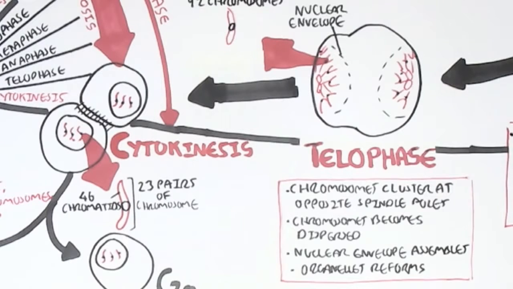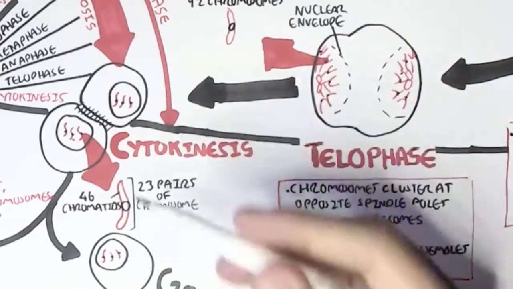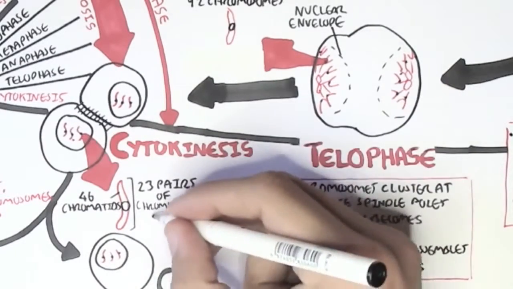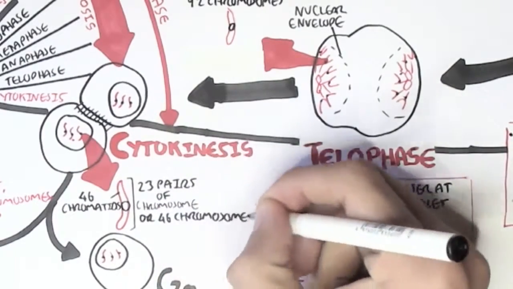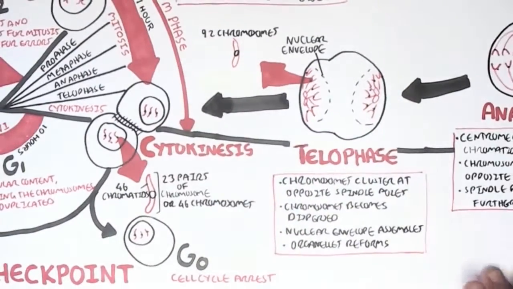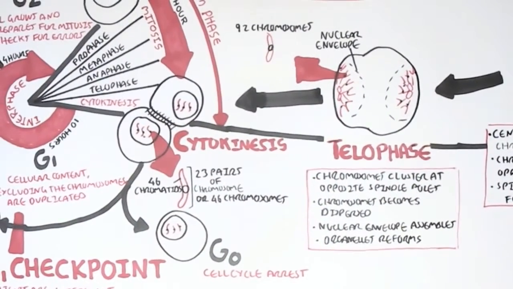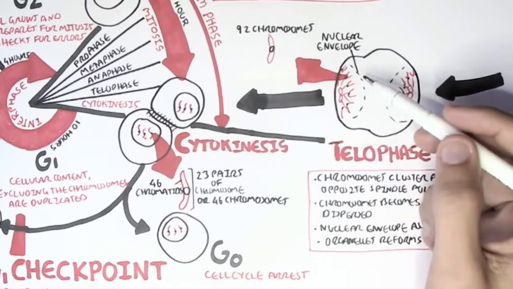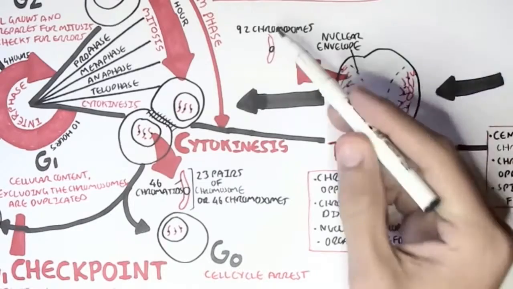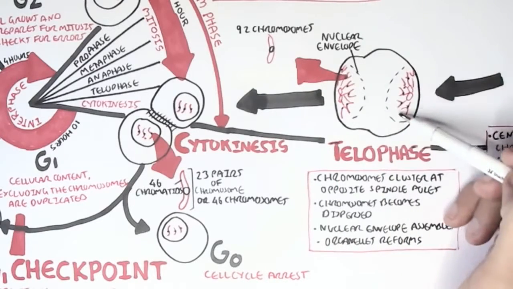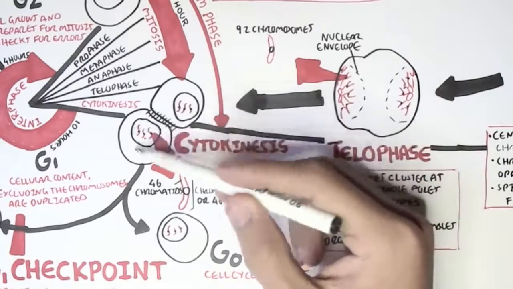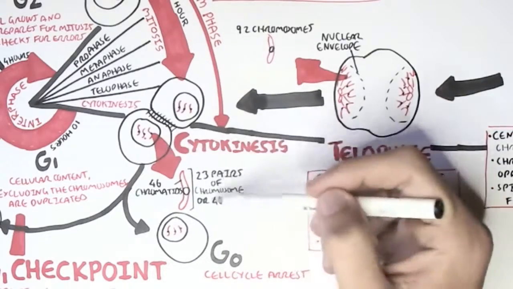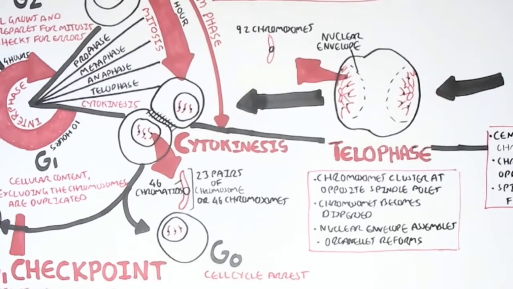Each of these daughter cells will have 46 chromosomes each, or 23 pairs of chromosomes each. Of course, 1 chromosome will have 1 chromatid, so it will have 46 chromatids. This is because, remember, the cell in telophase had 92 chromosomes. If this cell with 92 chromosomes divides, it will have 46 in one daughter cell and another 46 in the other.